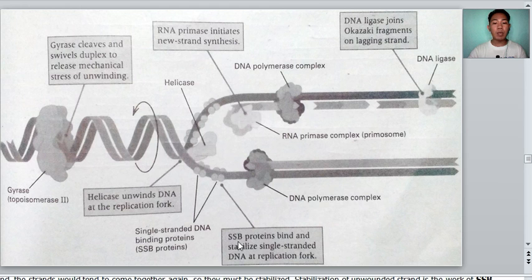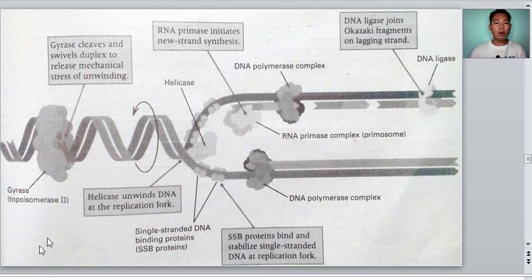So again, SSB proteins bind and stabilize single-stranded DNA at the replication fork. SSB proteins have an affinity for single-stranded DNA at least 1,000-fold greater than that for double-stranded DNA. In the case of Escherichia coli, or E. coli, apparently the same SSB protein is used in DNA replication, recombination, and repair.